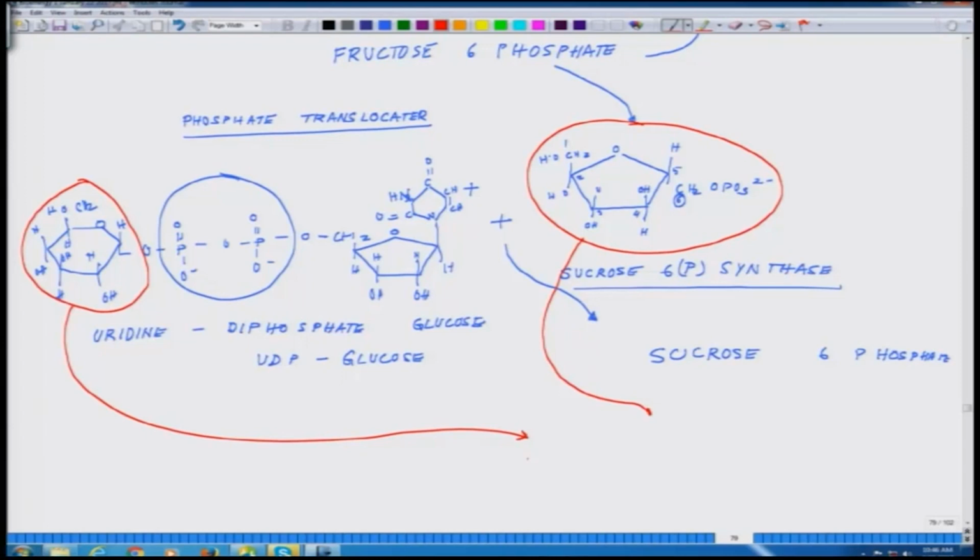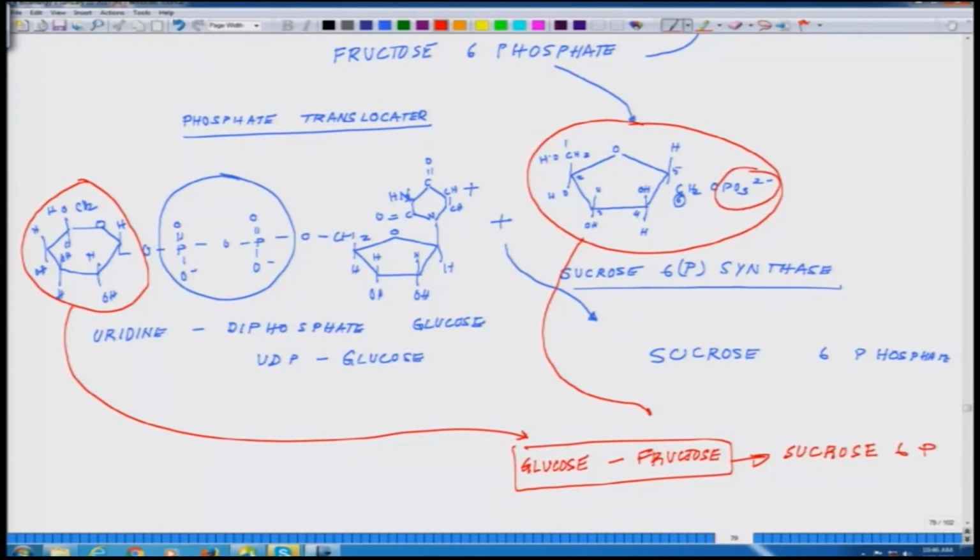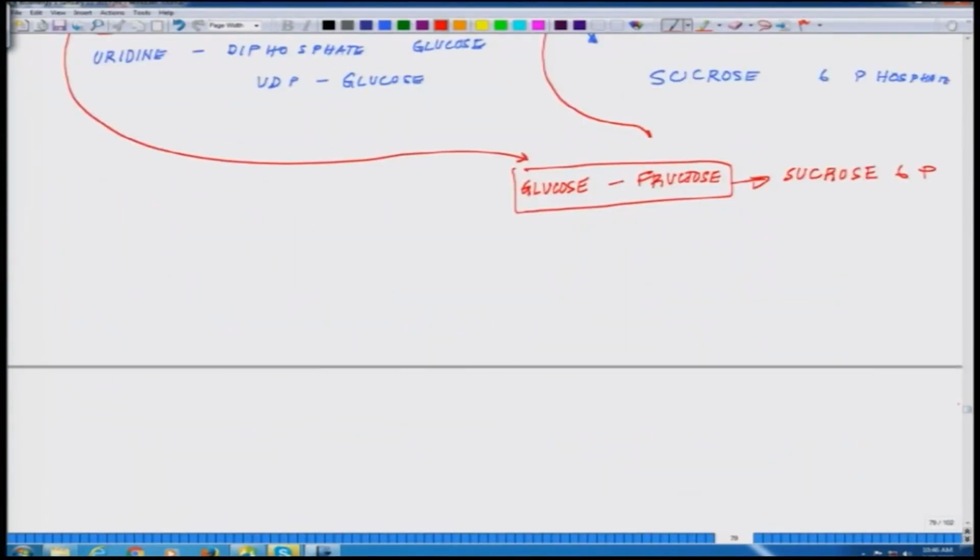So you have glucose and you have a fructose which makes you the sucrose, sucrose 6-phosphate. So, you have the phosphate group like that, which comes as it is. So, the structure will be like this. Let me just draw the structure, and of course, you will be left with the UDP, which is the uridine diphosphate. I am not drawing that again.